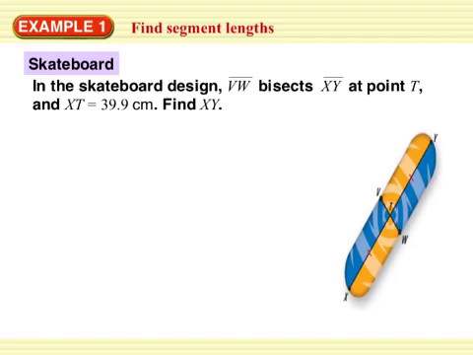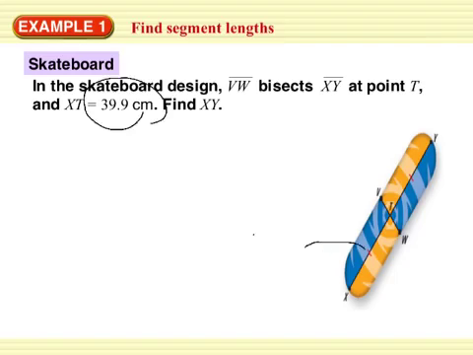All right, first example. In the skateboard design, segment VW bisects segment XY at point T. If XT equals 39.9 centimeters, find XY.